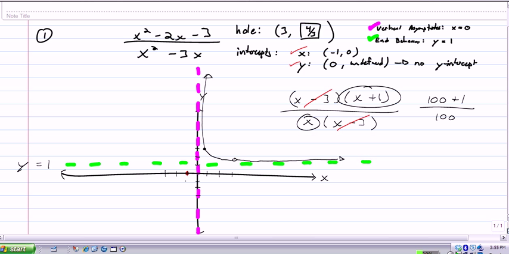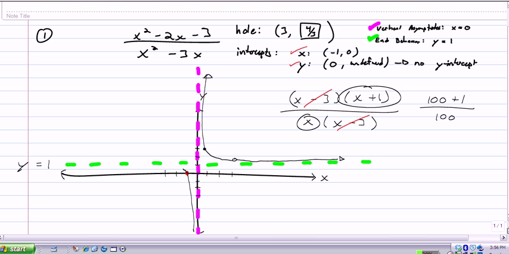Could the graph start up here, come down through there, and then cross the x? No, it couldn't do that because that would make another x-intercept. So really our only option for the bottom is it's going to start from the bottom, pass through here.